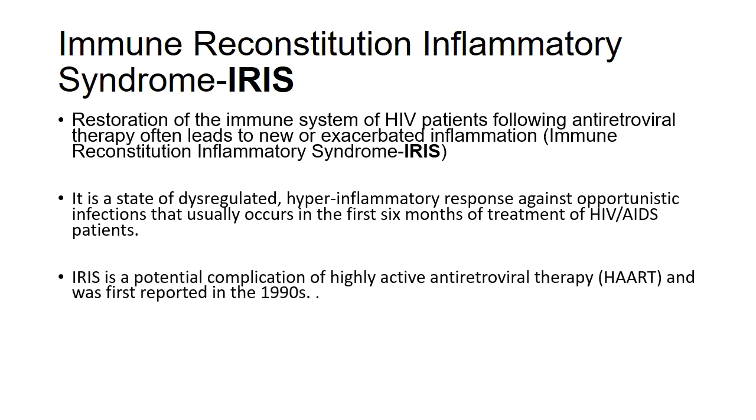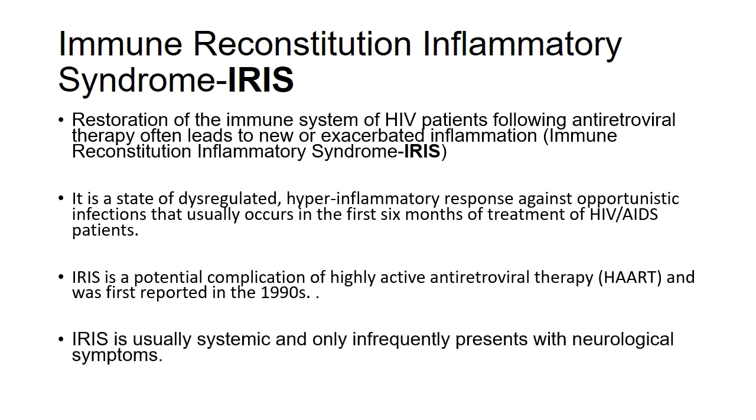IRIS is a potential complication of HAART, that is highly active antiretroviral therapy, and was first reported in the early 1990s. However, it must be noted that it only infrequently presents with neurological symptoms. So that is why we are just briefly touching on this.